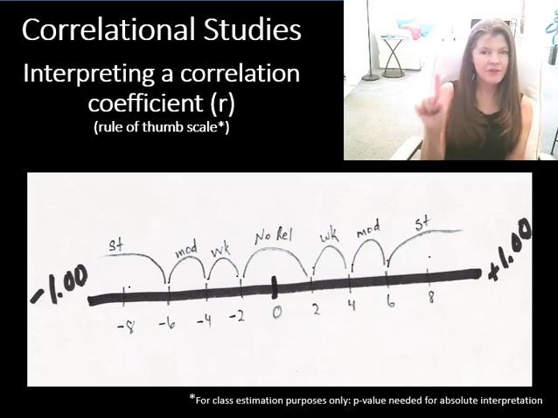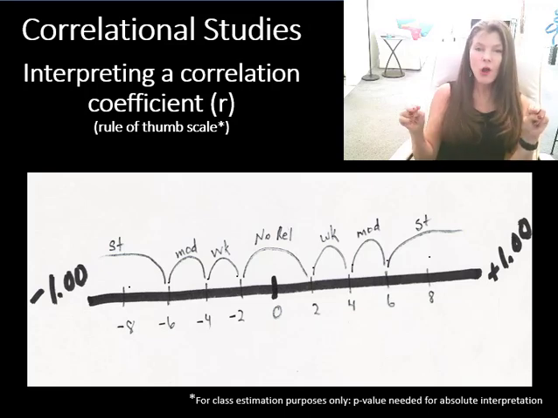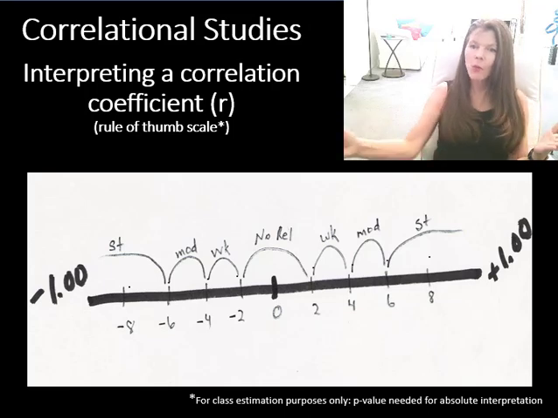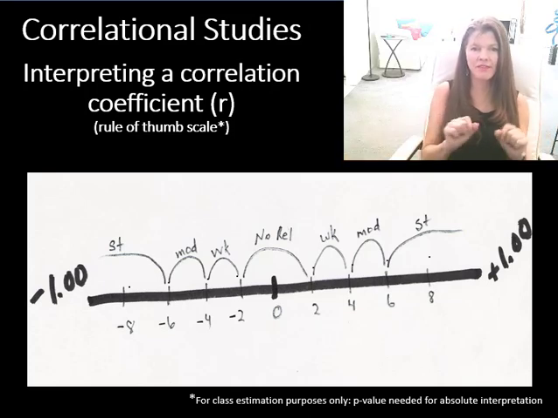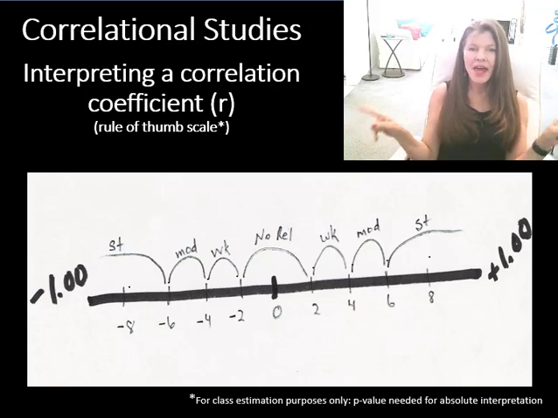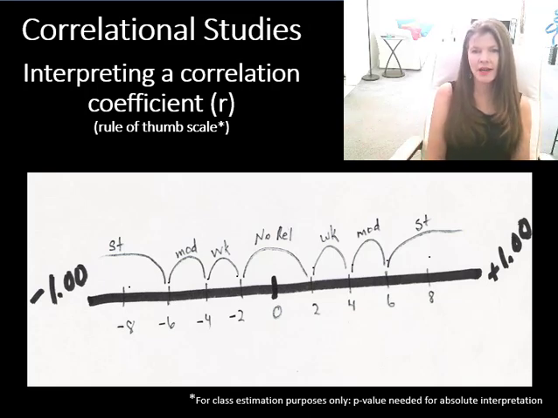However, by our first test, you will want to have this scale in your head. Note that the digits around 0 represent no relationship. The ones next to it, weak relationships. Next to that, moderately strong relationships, and finally strong ones on both the positive and negative ends of the scale.